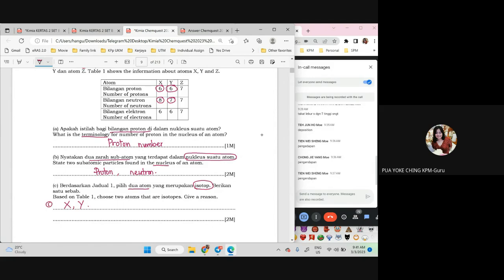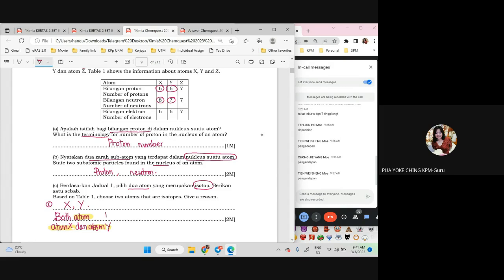Give a reason. Make sure untuk reason, ayat mesti start both atom. Ataupun you kata atom X dan atom Y. Mesti ada perkataan atom. Don't give me they or. Tak ada. Okay.